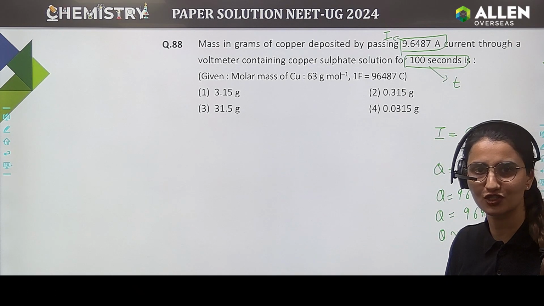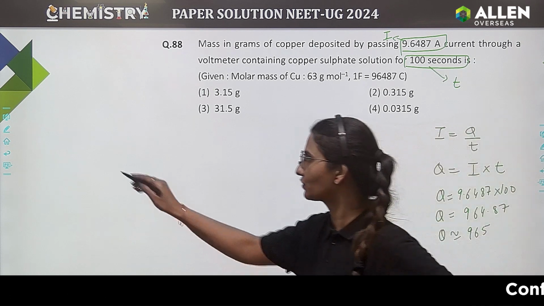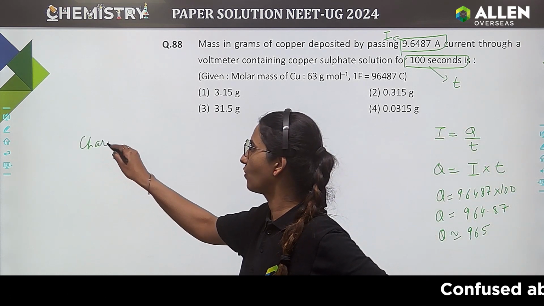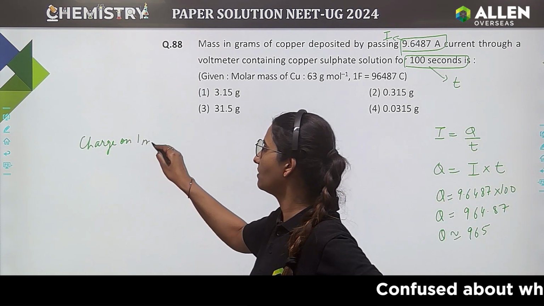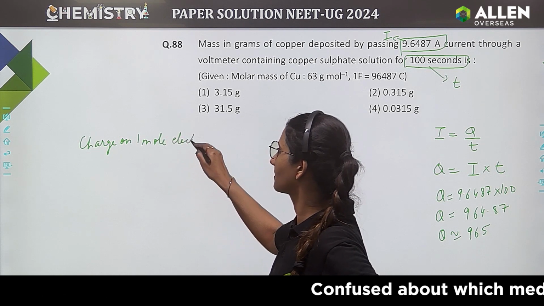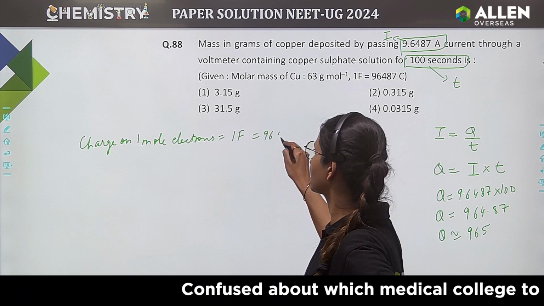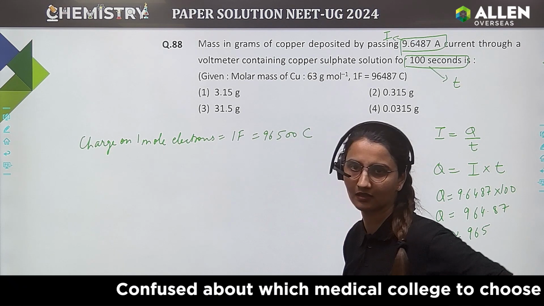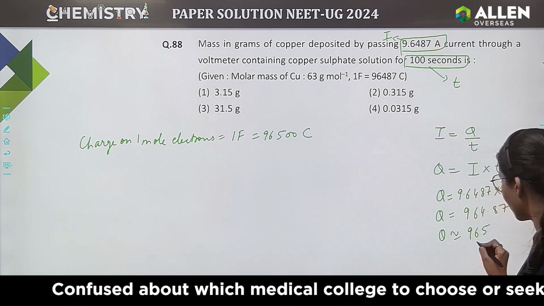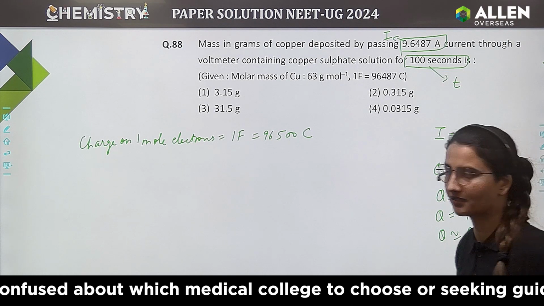Q is charge. And we know that the charge on 1 mole of electrons is equal to 1 Faraday, which is 96500 coulomb. How many coulombs do we have? 965 coulombs.